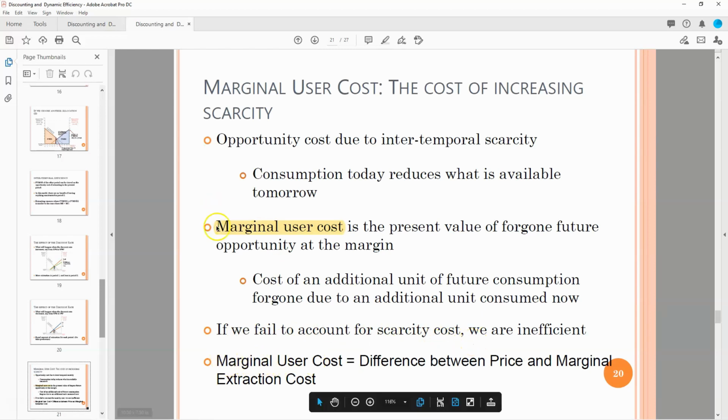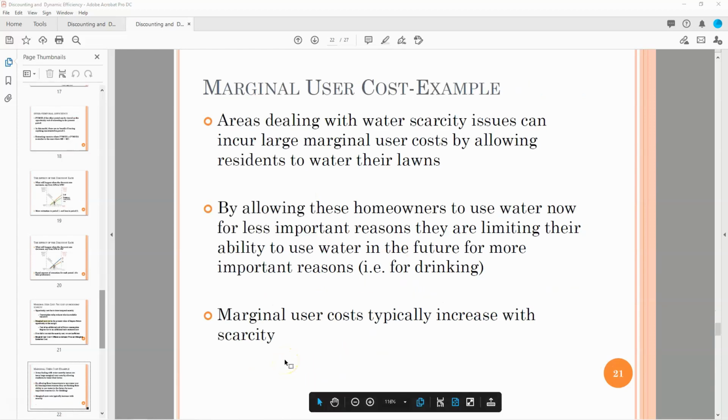And how can we get the marginal user cost? It is calculated by the difference between price and marginal consumption cost. Then let's think about an example of the marginal user cost, water scarcity. By allowing residents to use water now for less important reasons, like watering the lawns, we are limiting our resource to use water in the future for more important reasons, like surviving and drinking.